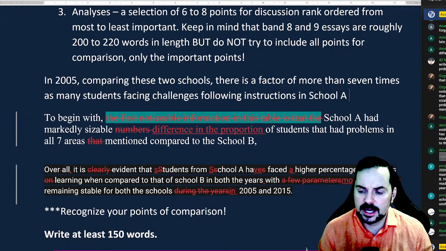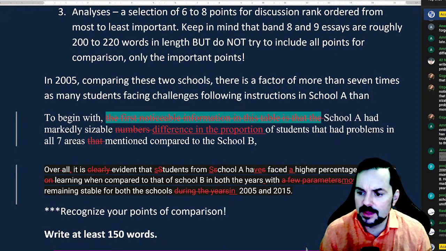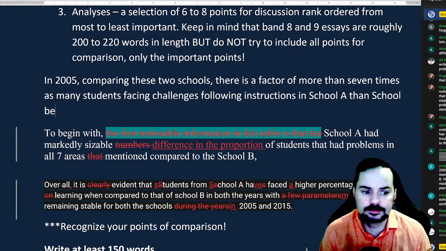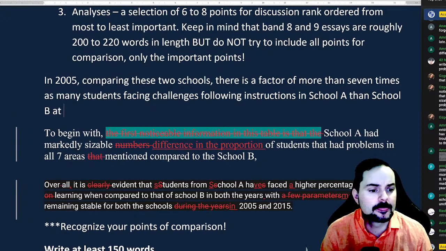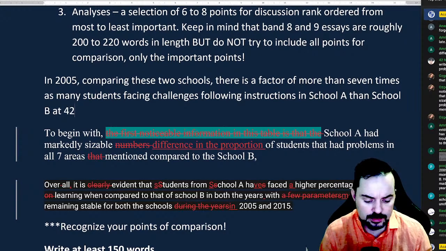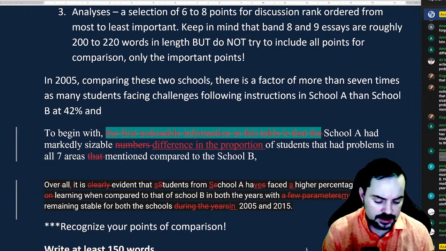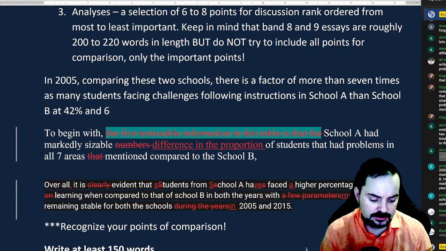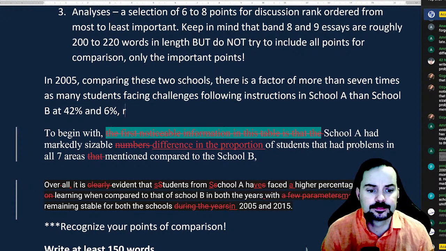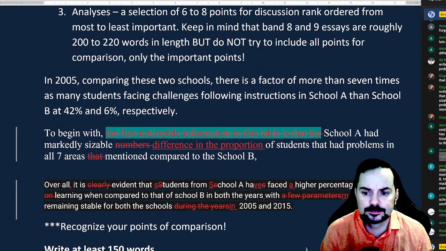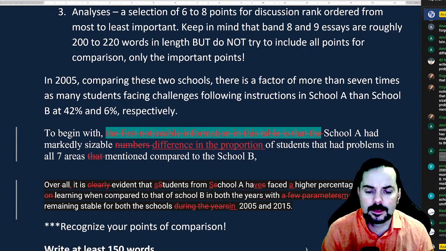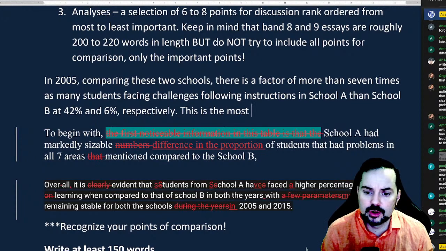In school A than in school B at 42% and 6% respectively. This is the most profound difference.